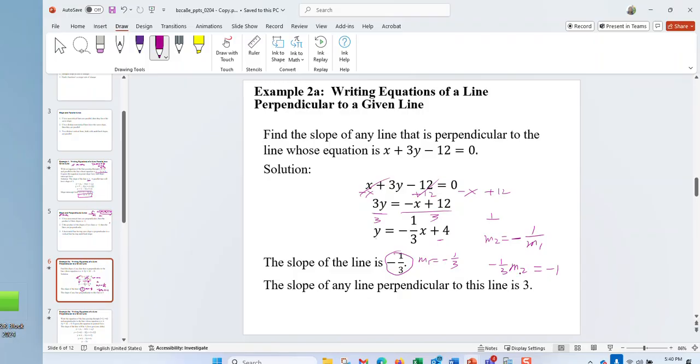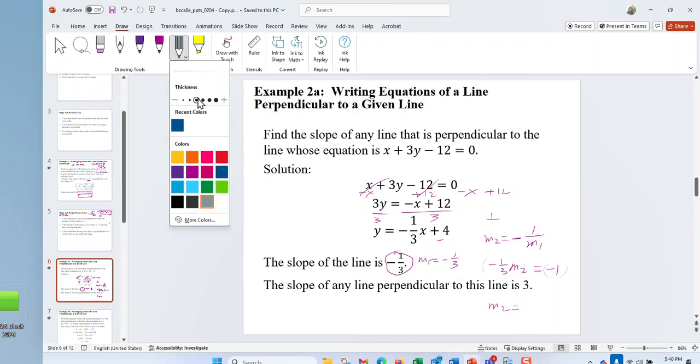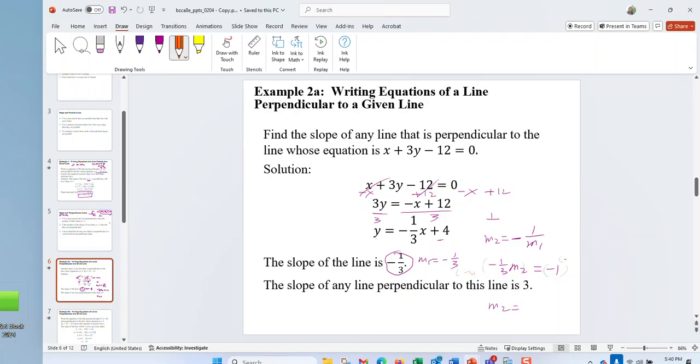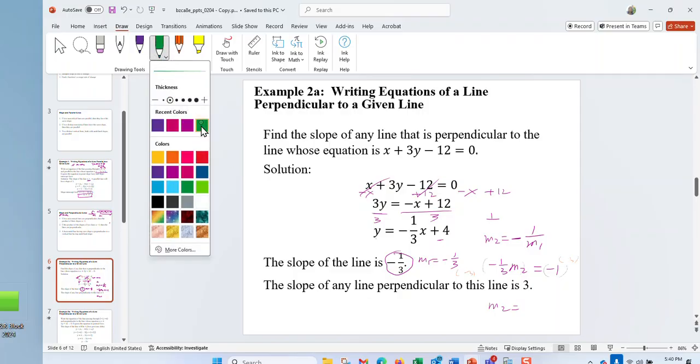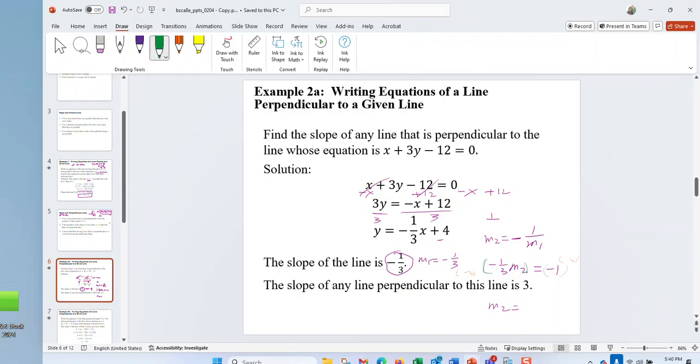So we multiply both sides by -3. Then -3 times -1/3 gives 1, and -3 times -1 will be +3, and the -3 and the -1/3 cancel out.